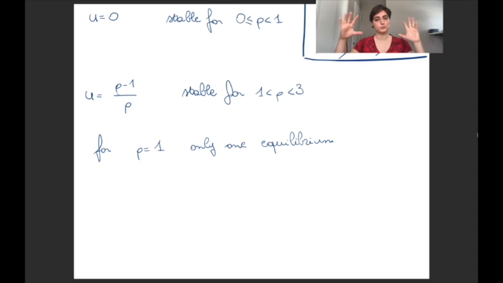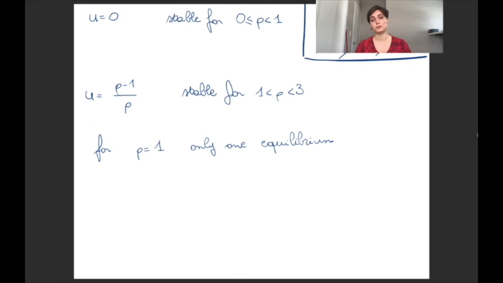So to look at it once again, the equilibrium u equal to 0 is stable for rho between 0 and 1, excluding 1. And u equals rho minus 1 divided by rho is stable for rho between 1 and 3.